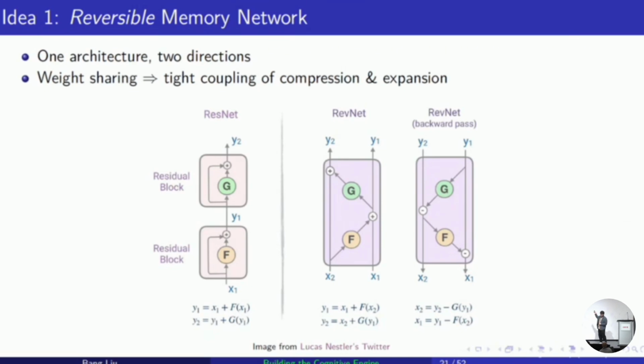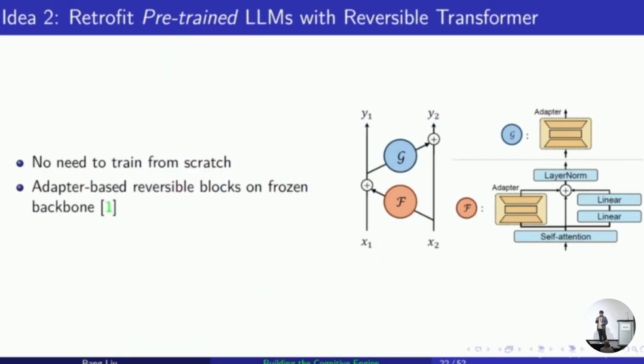This is one quite classical work, where you define F and G, two different modules, and define X and Y using these F and G functions. From X you can calculate Y, and from Y you can calculate back X by utilizing these formulations.